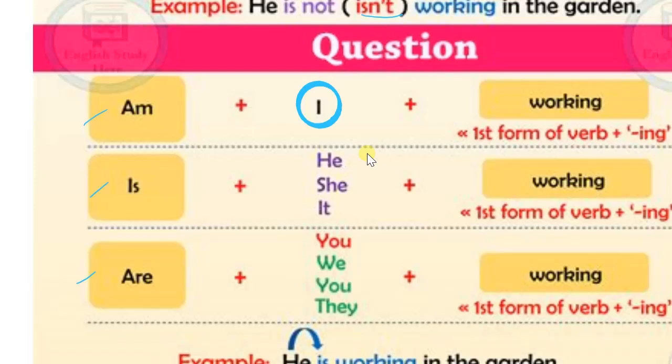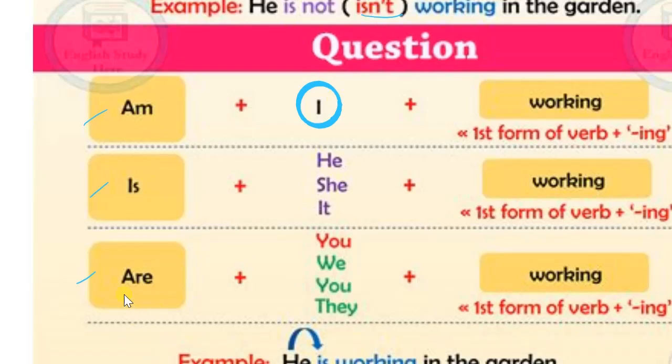If the question starts with the be verb is, it will be followed by the pronouns he, she, it. Is he or she or it working? With a question mark.